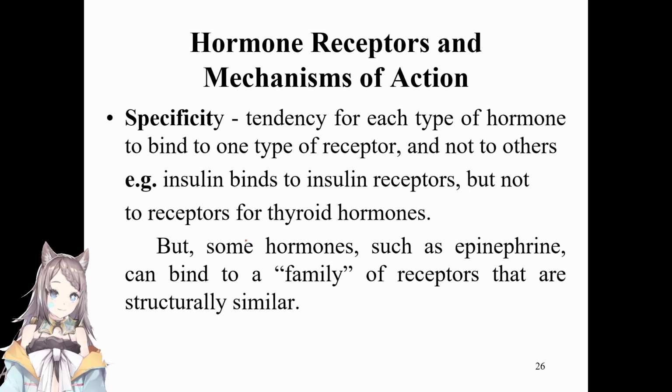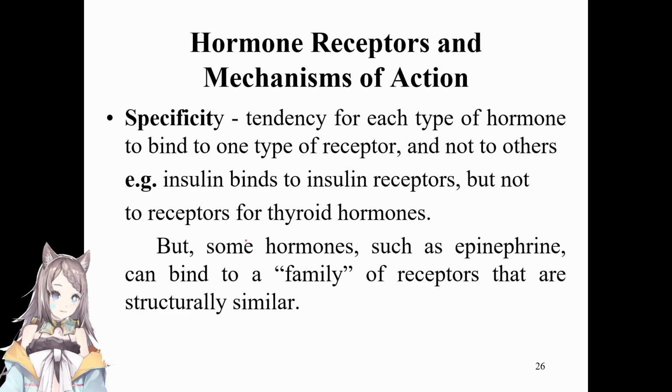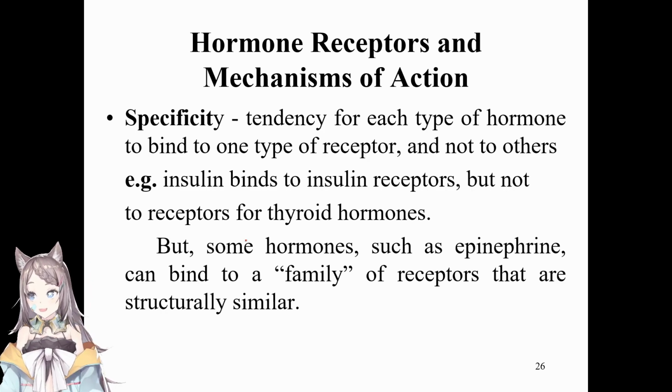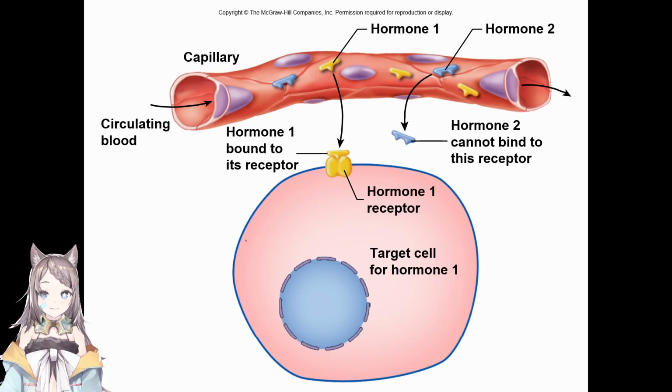Examples are epinephrine, norepinephrine, and other alpha receptor agonists. Once you go into pharmacology, we will go deeper into this. So this is the lock and key model.